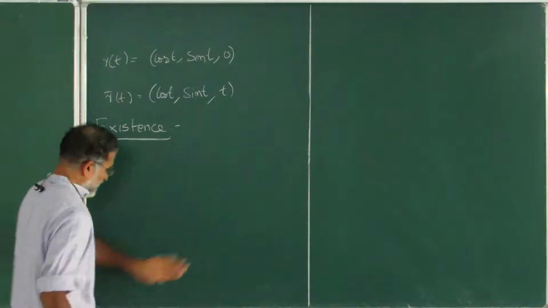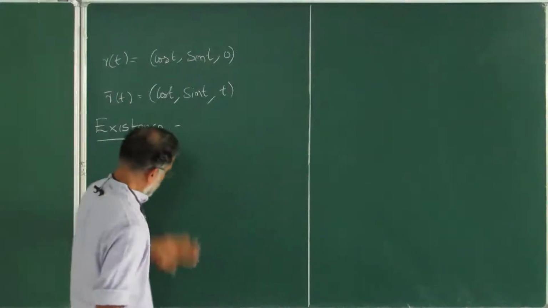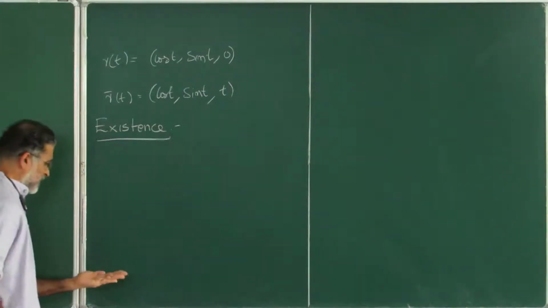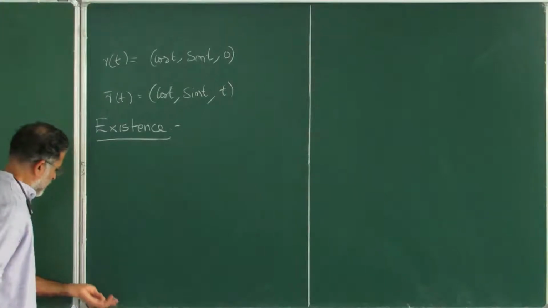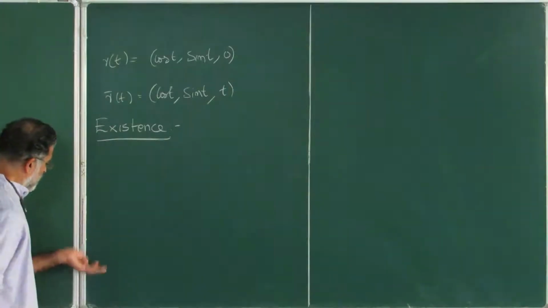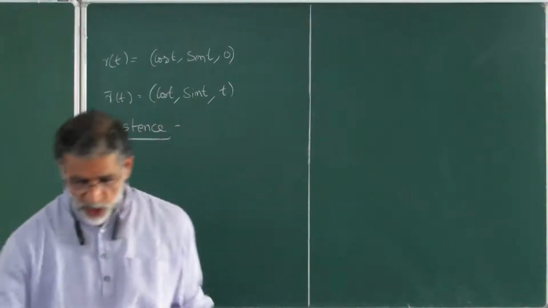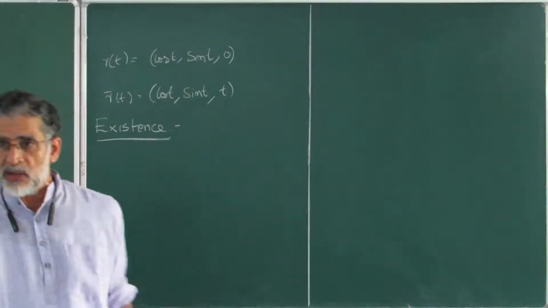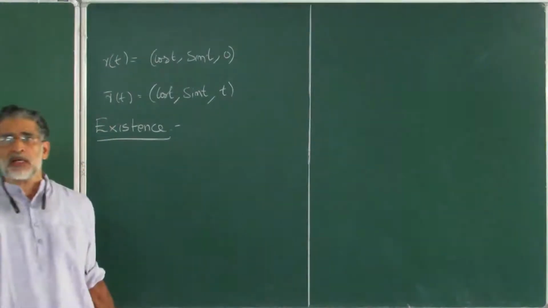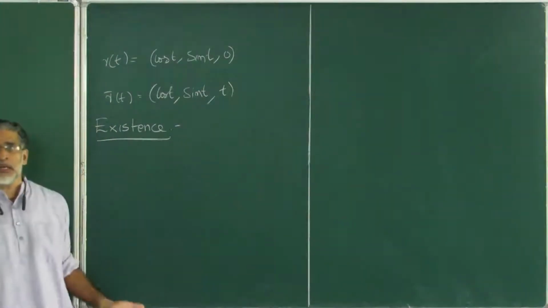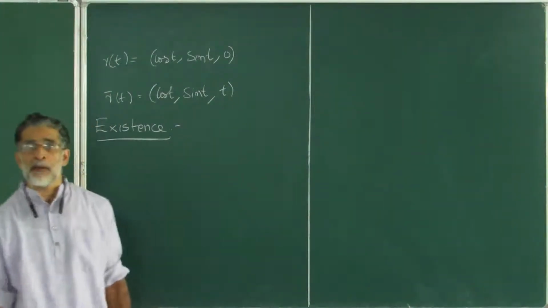So existence is a bit tricky because it is slightly beyond our scope, but let me just quickly tell you what it is. In the case of existence of a plane curve with a given curvature, we just took the curvature, integrated, and we got it.